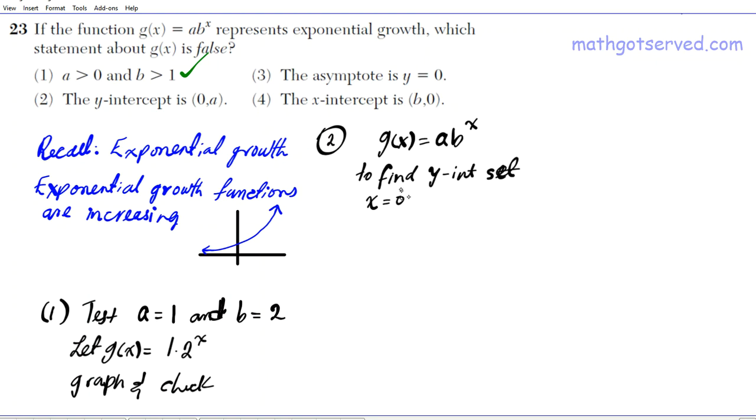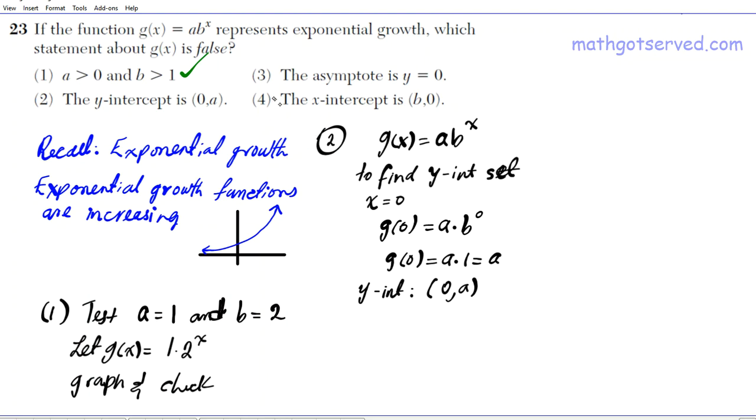Okay, so we're going to look for g of 0. Alright, so g of 0 is equal to a times b to the 0. Since b is non-zero, b to the 0 is simply going to be 1. G of 0 is going to be a times 1, which is a. So the y-intercept is given by the point 0 for the x, a for the y.